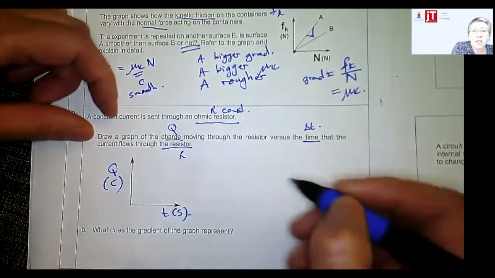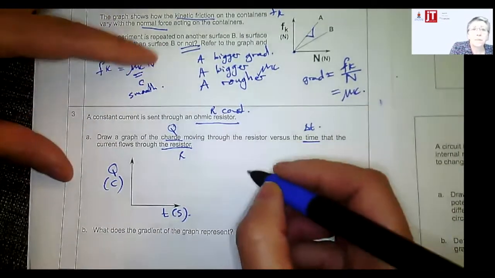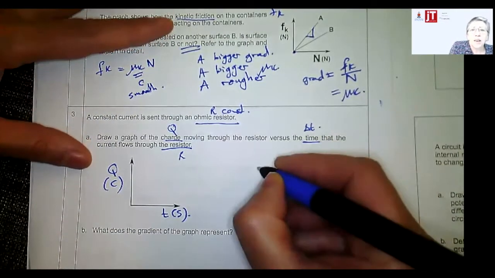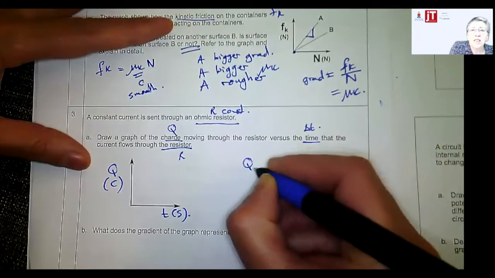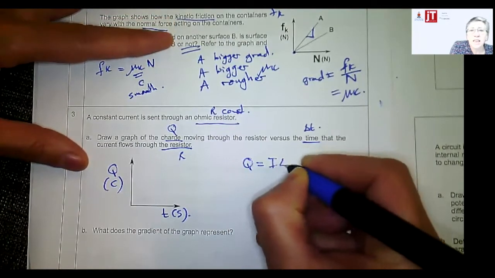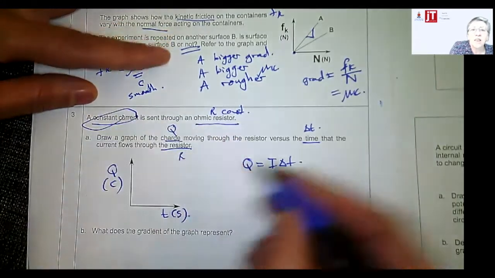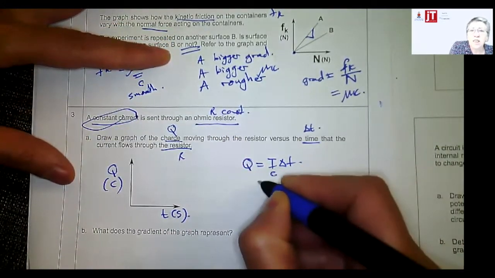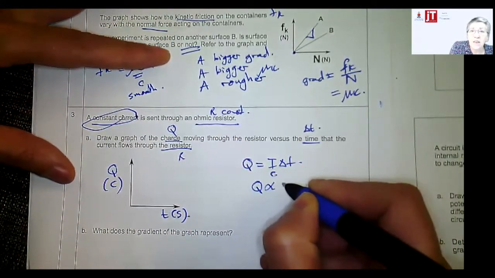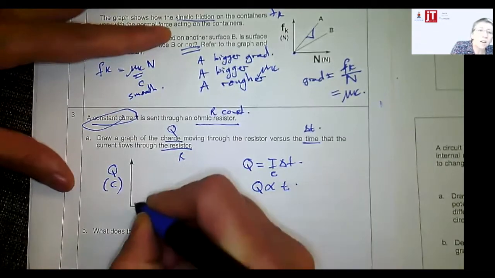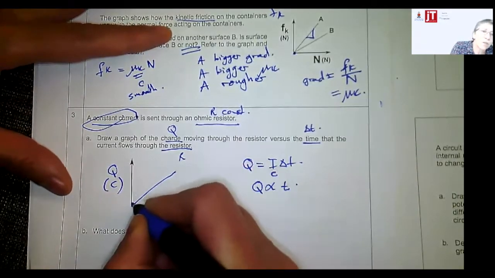So R is a constant. Right. So you're looking at Q and t, and you've got an equation that says Q equals I delta t, and a constant current. So my current is constant, and therefore my charge is directly proportional to the time. And I've got a straight line through the origin.